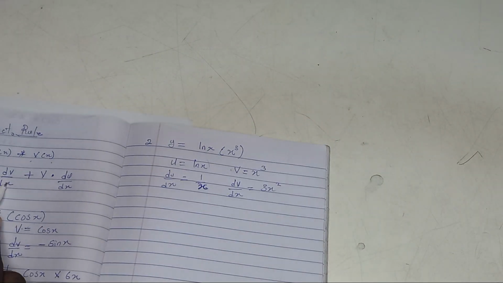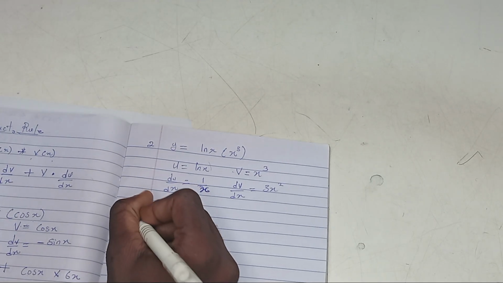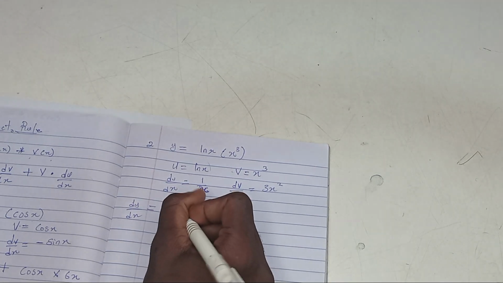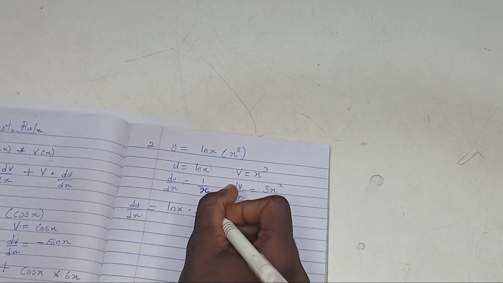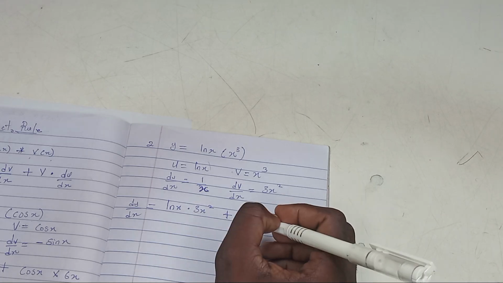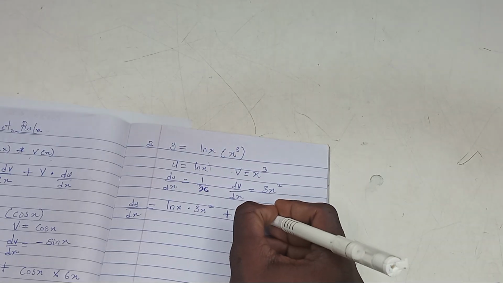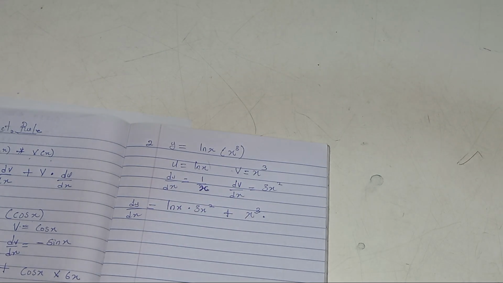Based on our formula, which you must keep in mind, dy/dx is u times dv/dx plus v times du/dx. So dy/dx becomes ln x times 3x squared, plus v, x cubed, times du/dx, which is 1 over x.